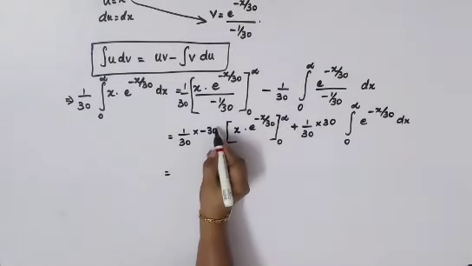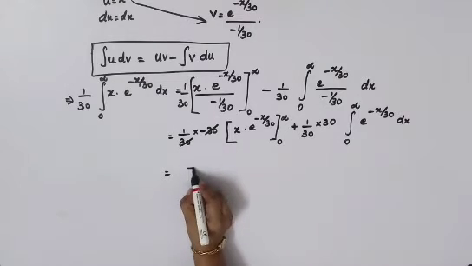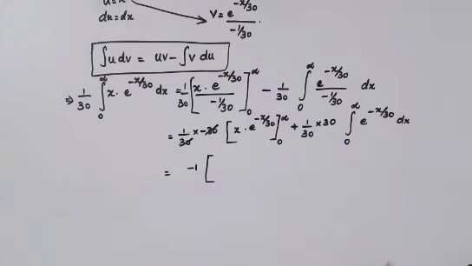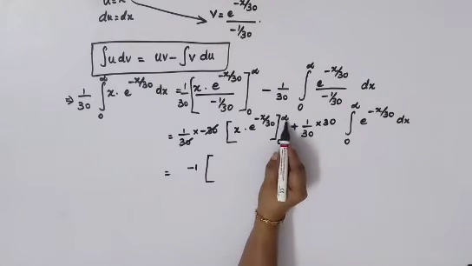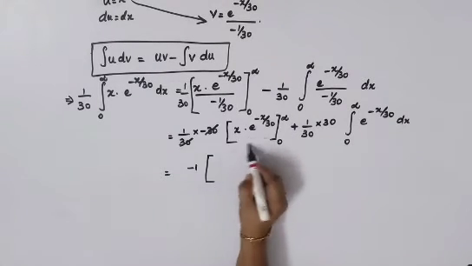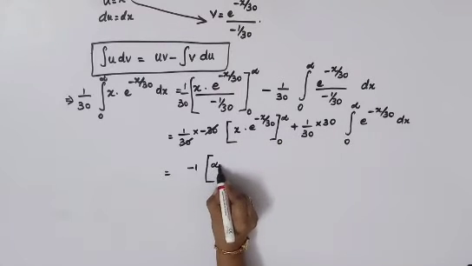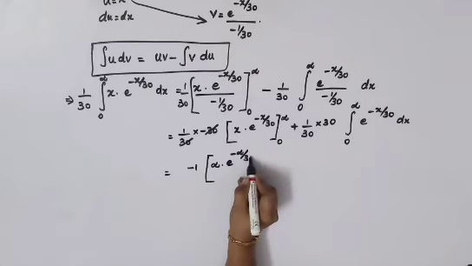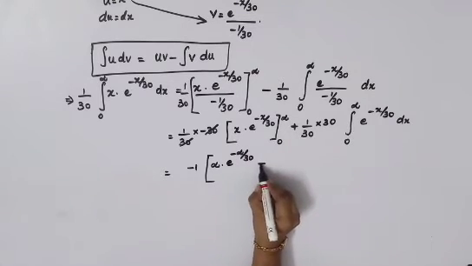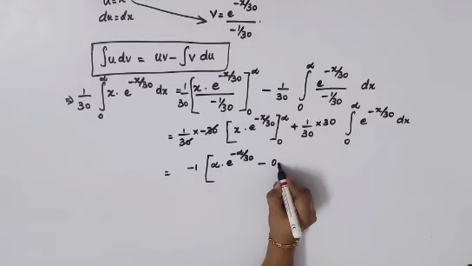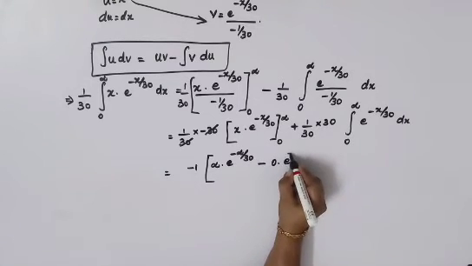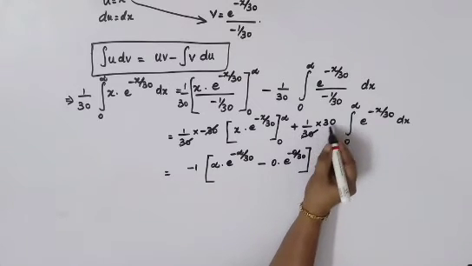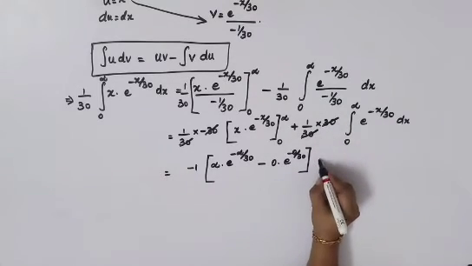You can cancel this 30 and this 30, and you get minus 1 into, now substitute the upper limit minus the lower limit. The upper limit is infinity, so in the place of x put infinity: infinity into e power minus infinity divided by 30, minus the lower limit, 0 into e power minus 0 divided by 30. Then this 30 and this 30 cancel, so you have plus.